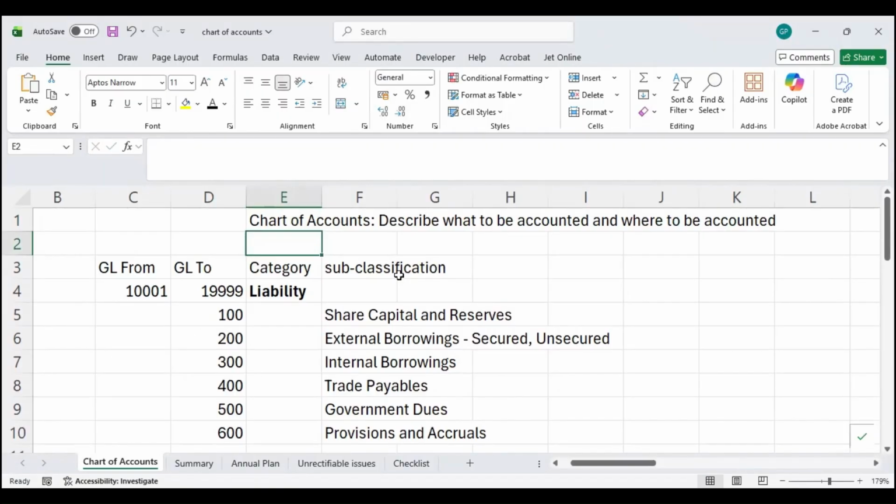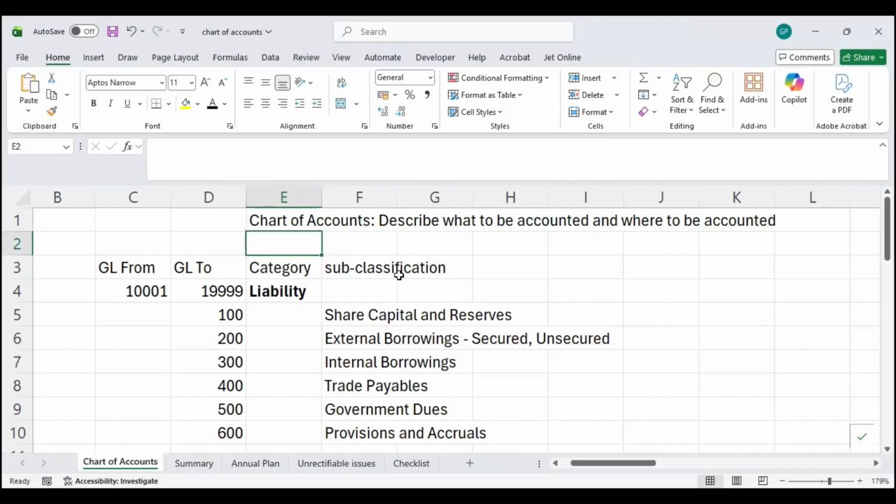For example, sir, I have received a bill. Bill says that this is the money to be paid for rental activity. Now, money to be paid for rent. Rent, is it an expense? Rent, is it an advance? So what to be accounted? Rent. I ask a question, I get an answer, rent. Then the way to account: rent, if it is for the current month, I'll account in P&L.